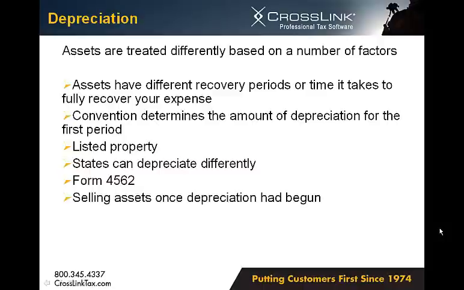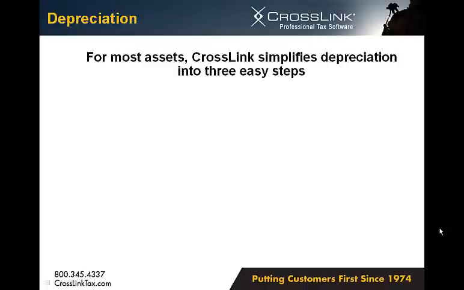Different states can have different laws and regulations concerning depreciation. There's Form 4562 that needs to be completed, and also selling assets once depreciation has begun. What we're going to do today is show you not only how the CrossLink software can make depreciation simple, but it can also handle a number of these different factors which can change the calculations involved with that depreciation.